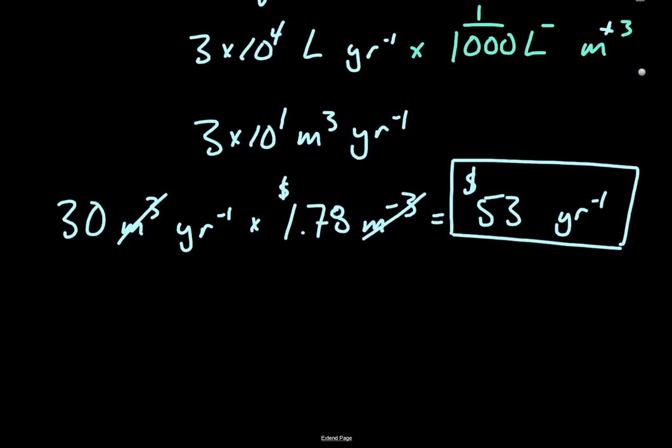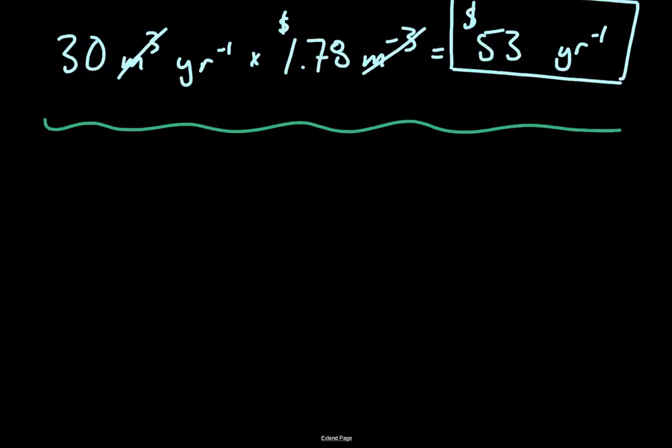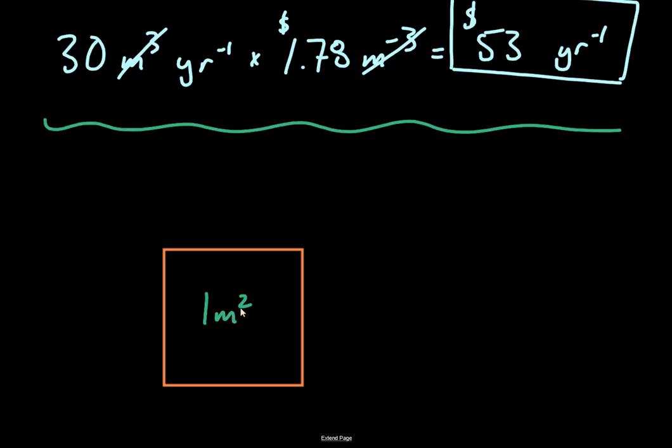Okay, so the last thing I just want to deal with here is just converting when you're dealing with squared units. This often causes people issues. So for instance, let's say that I have 1 square meter here, okay? How many square centimeters is that?